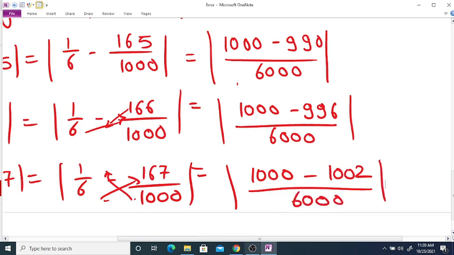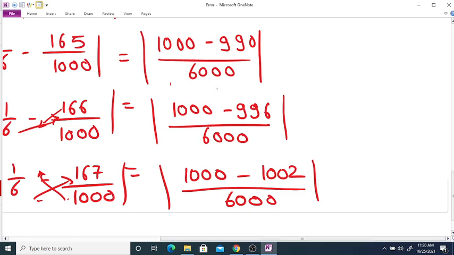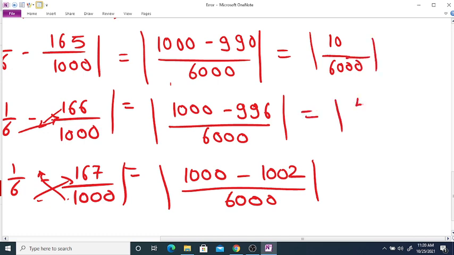If you simplify this, it is equal to 10 divided by 6000, then 4 divided by 6000, and minus 2 divided by 6000.